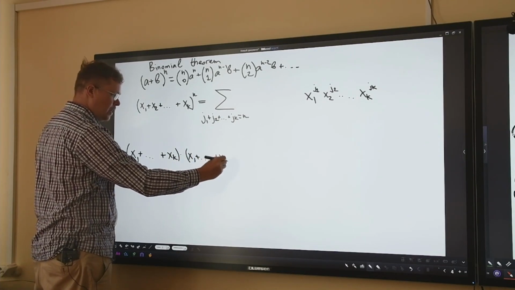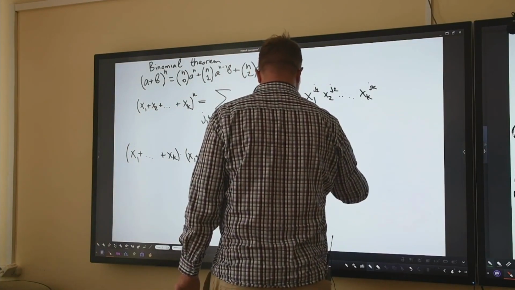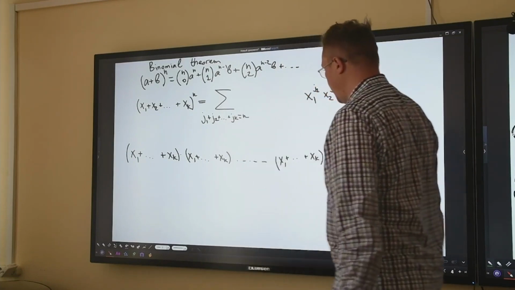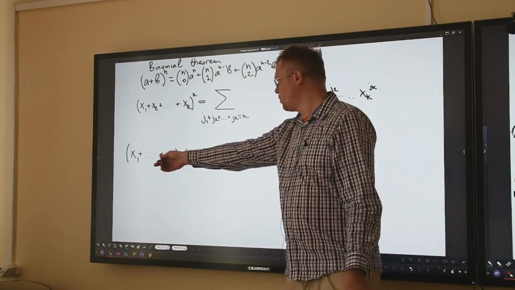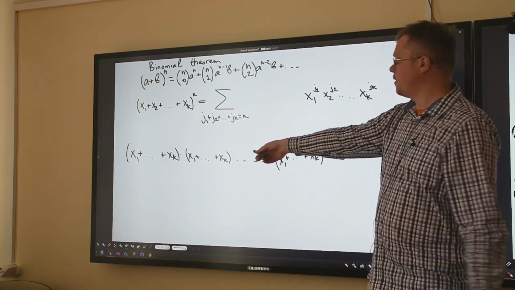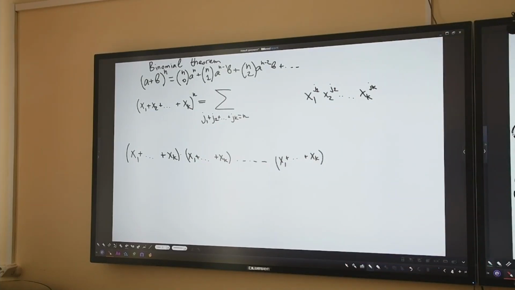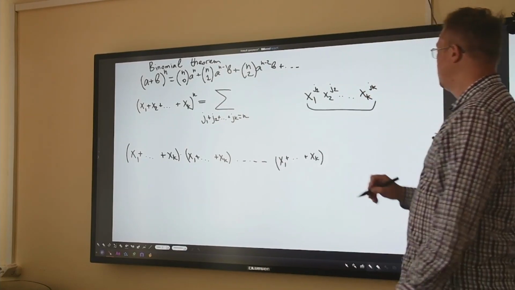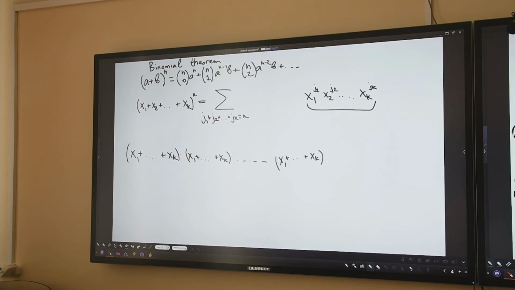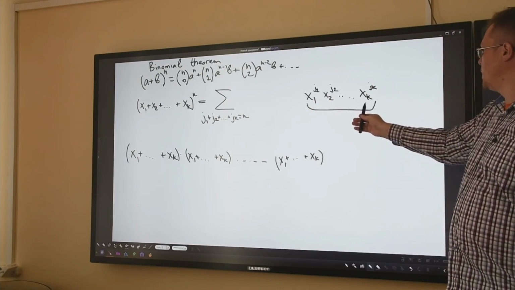I can imagine that I have n brackets, and from each bracket I choose one variable. So from this I can take x2, from this I can take x3, from this I can take also x3, and so on. If I choose from each bracket one variable, then this forms this monomial x1 to the g1, x2 to the g2, xk to the gk.